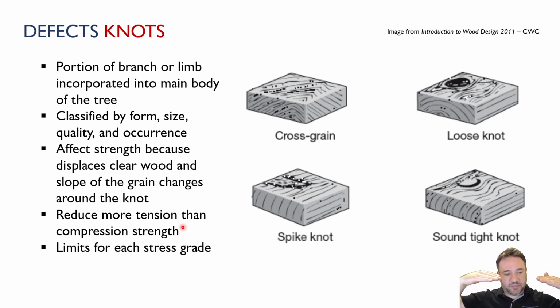Because when I pull on the piece, that knot is basically an interruption in the grain. But if I were to press on the piece instead, that knot will bear against the wood that's on either side of it. So that's why it's worse for tension than compression. And based on whatever grade of wood you have, there are limits to how many knots there can be, etc.